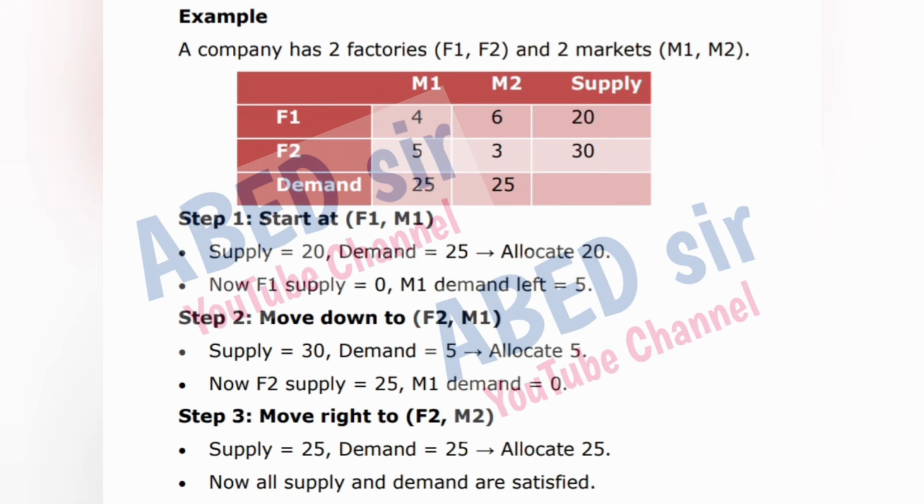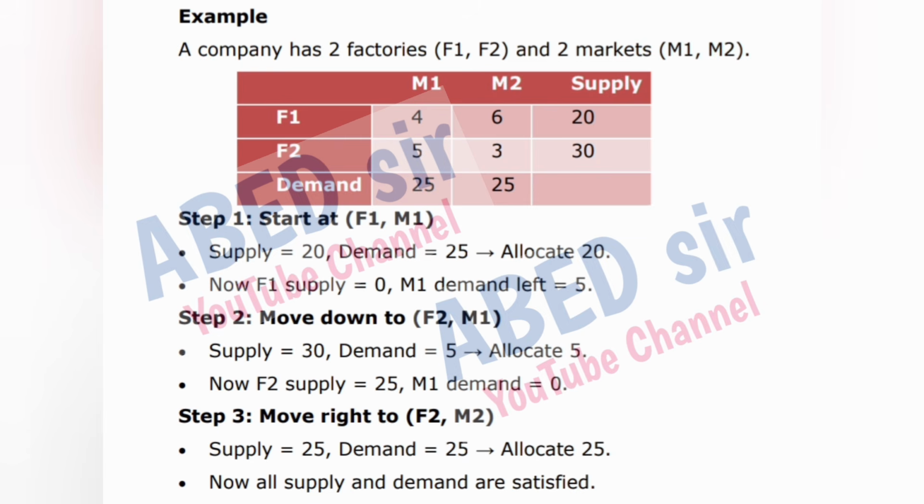Example. A company has 2 factories, F1 and F2, and 2 markets, M1 and M2. M1, M2, supply: F1: 4, 6, 20; F2: 5, 3, 30. Demand 25, 25. Step 1. Start at F1 M1.